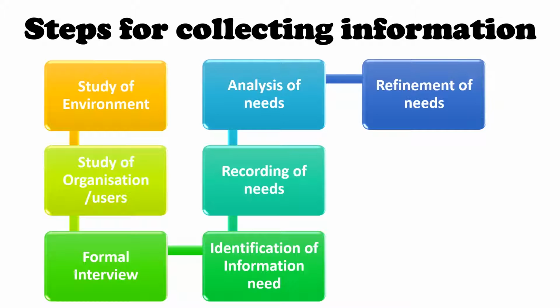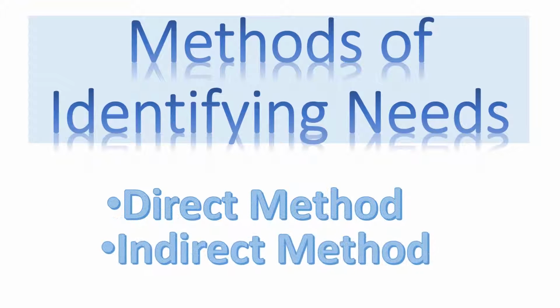Once these steps of identifying needs are known, we can use two methods in order to do that: direct and indirect. Direct method is used to collect data and retrieve information. It can be done using the following. First, questionnaire.